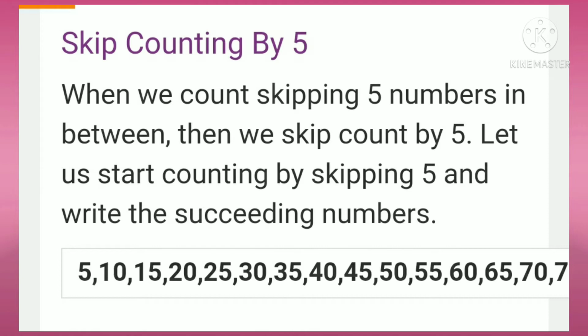When we count skipping 5 numbers in between, then we skip count by 5. Let us start counting by skipping 5 and write the succeeding numbers. That means we are going to add 5 to the next number.